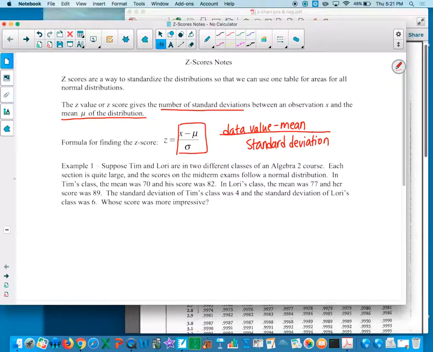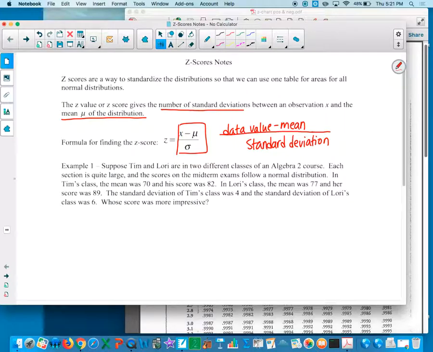So it's really helpful to know the symbols, obviously, so that you know how to do those calculations. So if we have this first situation, Tim and Lori are in two different Algebra 2 classes. Each section is quite large and the scores on the midterm exams follow a normal distribution. Tim's class, the mean is 70 and his score is 82.